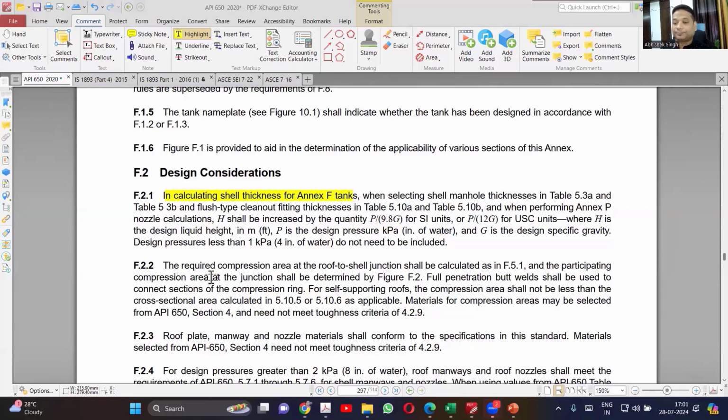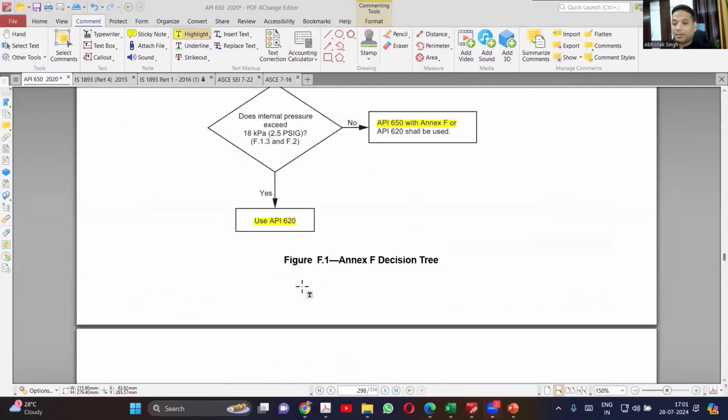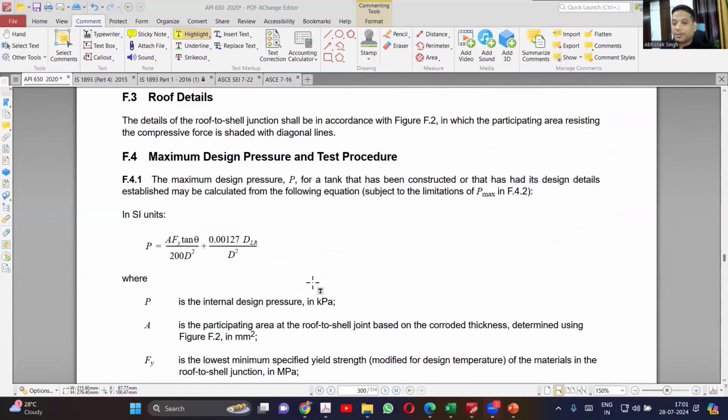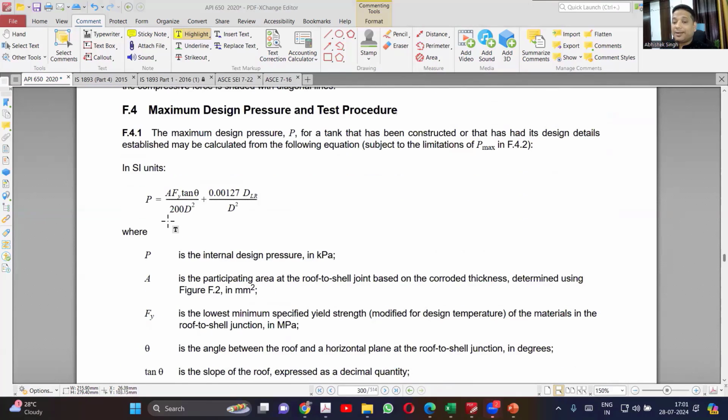Now, apart from that, you'll also be calculating a maximum design pressure which can be exerted on the tank, so that you can check whether your design pressure is not more than that. So the maximum design pressure that the tank has been constructed for, for the basic design, whatever you have done.